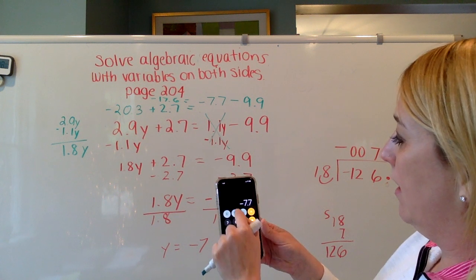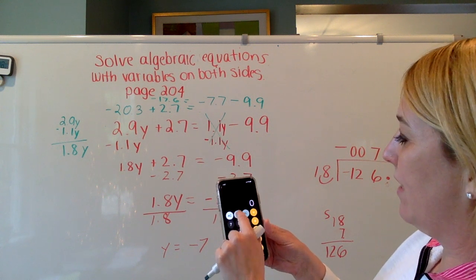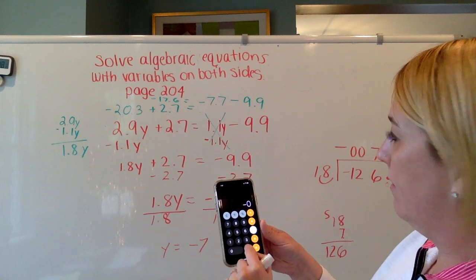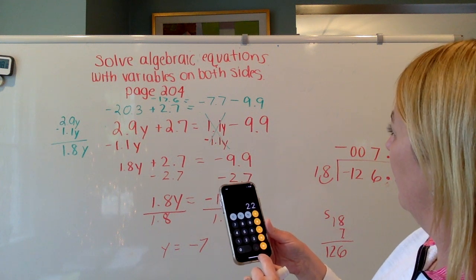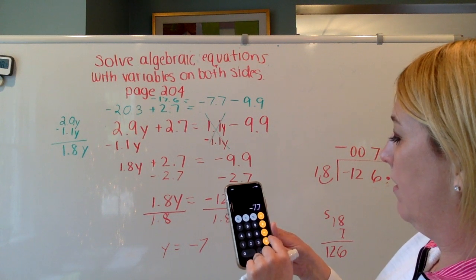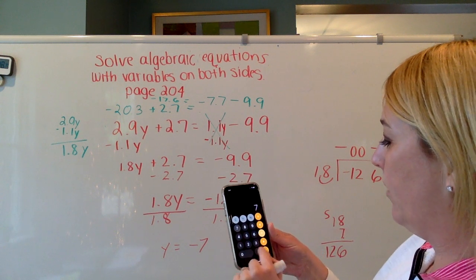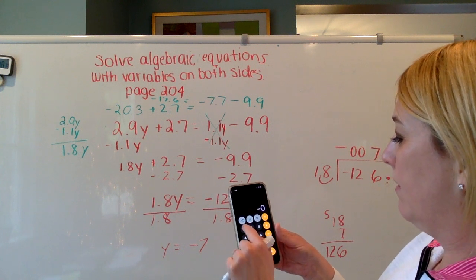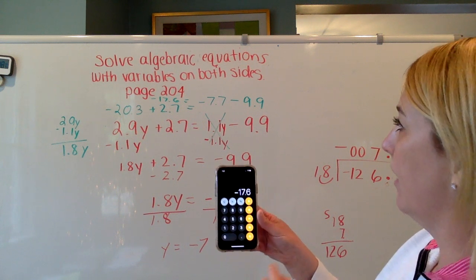-7.7 minus -9.9 equals, -7.7 minus -9.9. Is that really -17.6? Oh, I know why, because I have to do -7.7 minus, I should just do 9.9, and that will make it, yeah, sorry, that was my mistake.